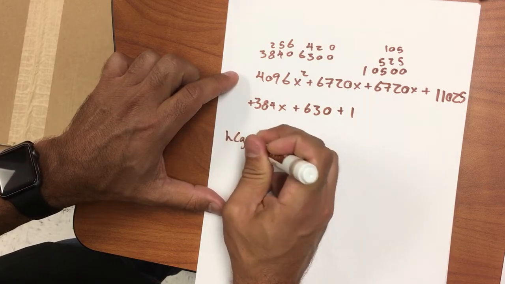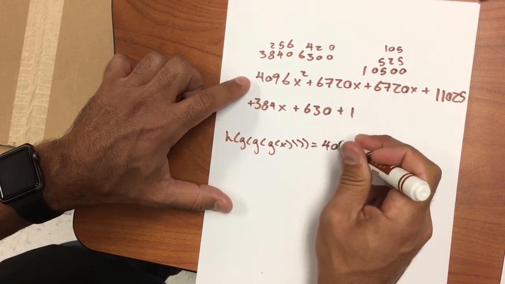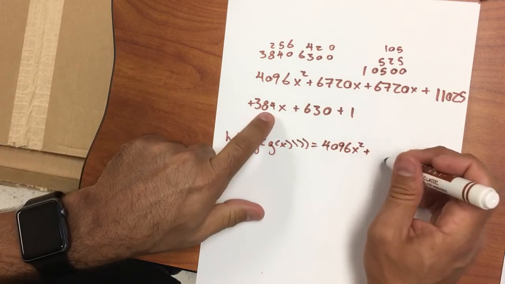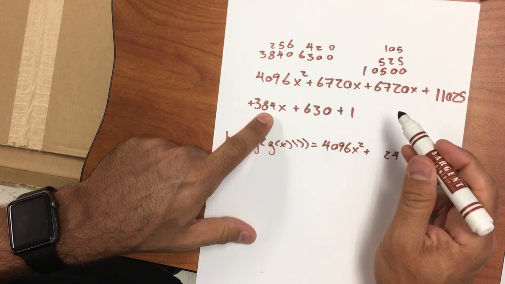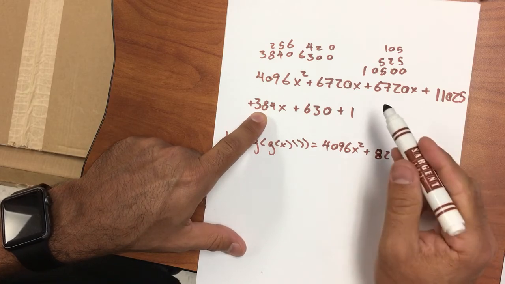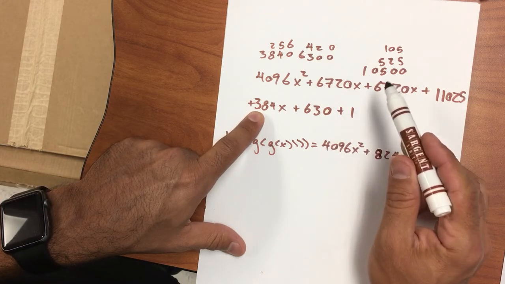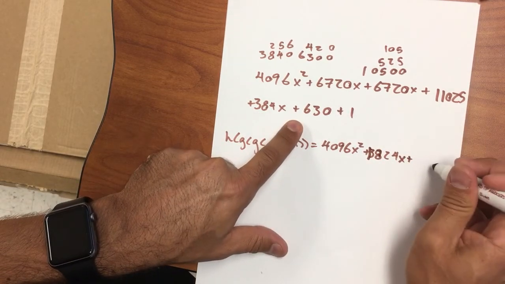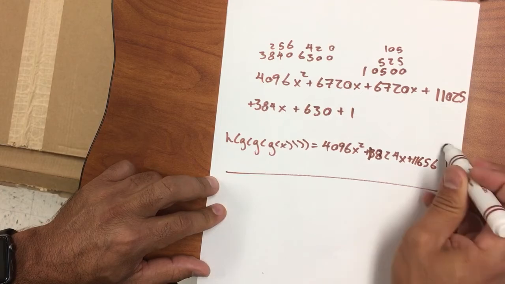So I'm going to put h of g of g of g of x equals 4096x squared plus 48,... x plus 6,... So that's my final answer.